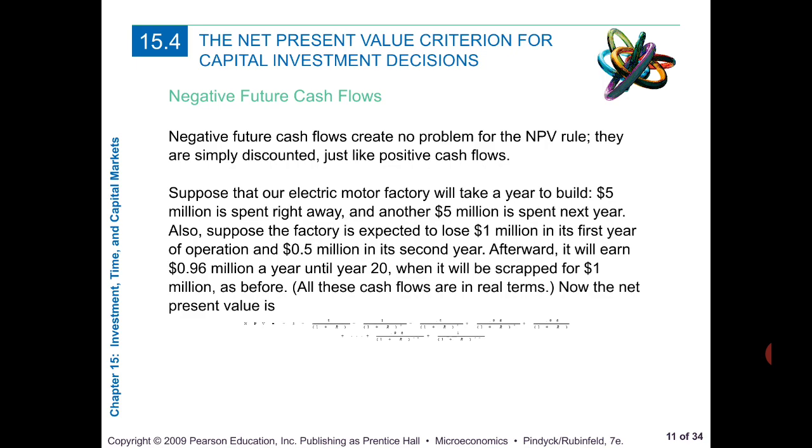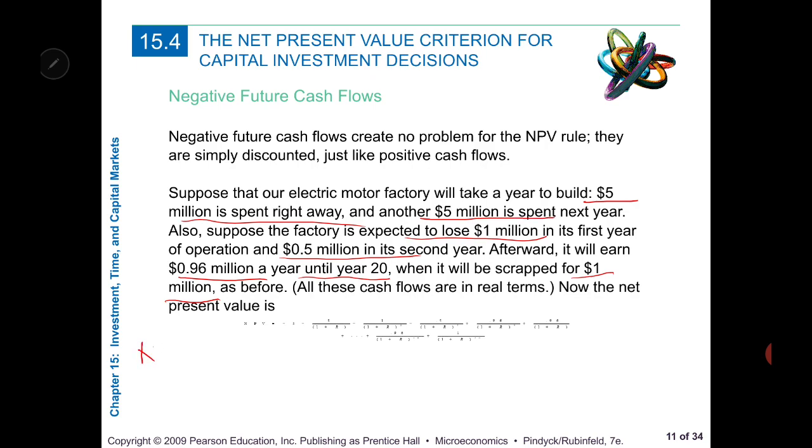So what if the company makes losses in some years? So let's see, from all this information, same quantity per year, 1 million scrap value, lose 1 million, 0.5 million in the first year and then 0.5 million in the second year. So it's still the same thing. 5 million is spent in the first year, another 5 million is spent in the second year.